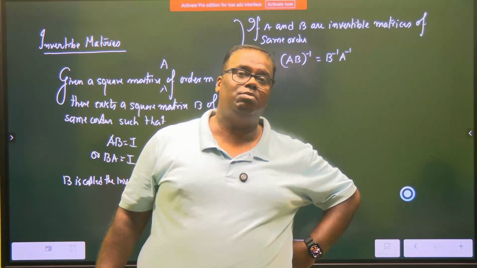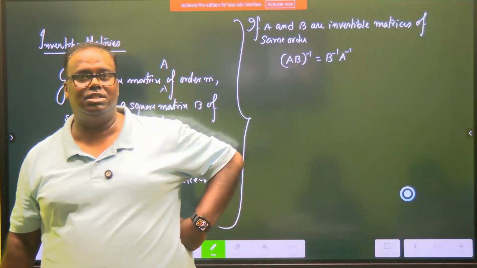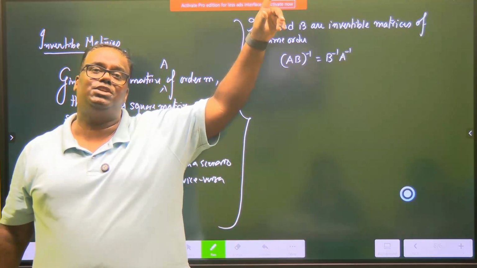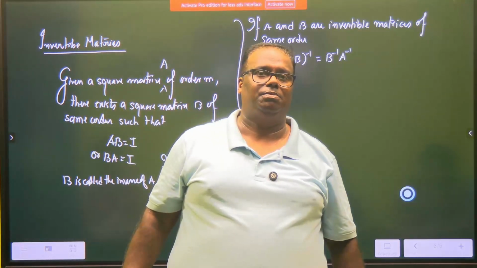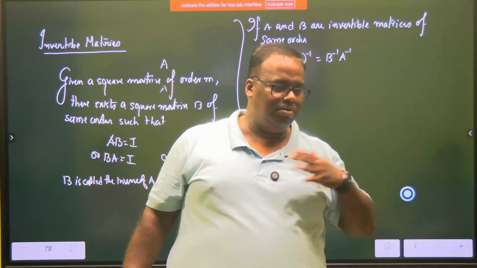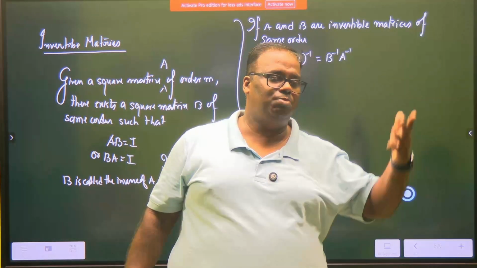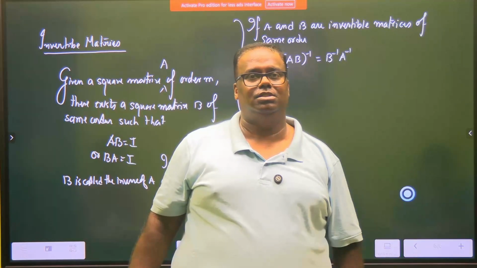And if you are able to prove that the multiplication of both gives you an identity matrix, then that other matrix which you found is the inverse of this matrix. That is the definition. If I am a matrix, what is my inverse matrix? My inverse matrix multiplied with me gives an identity matrix.